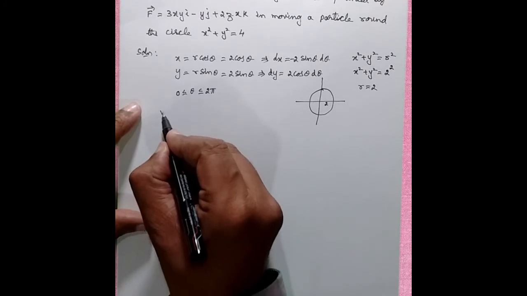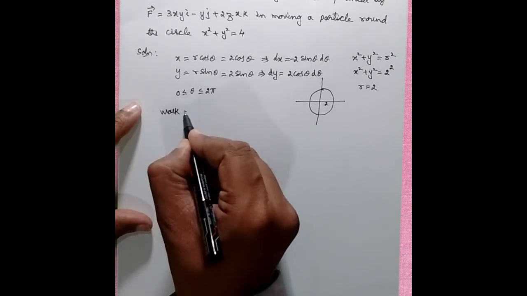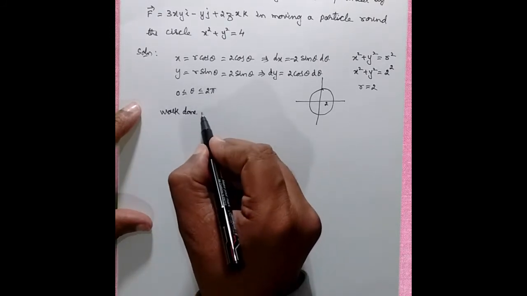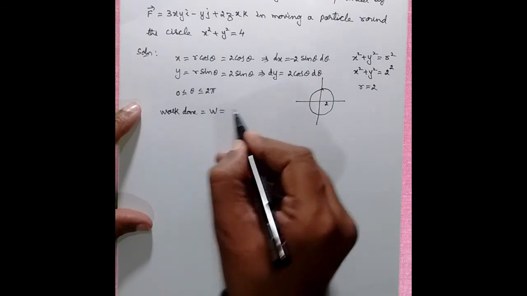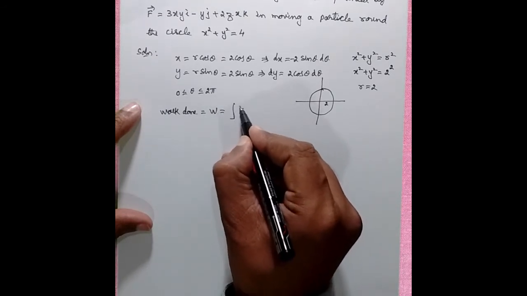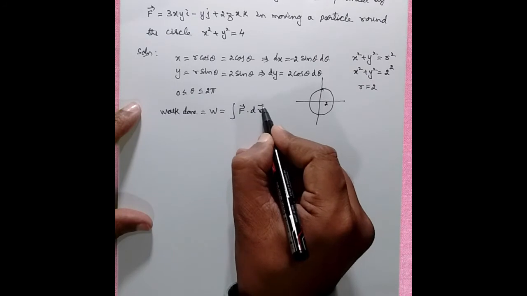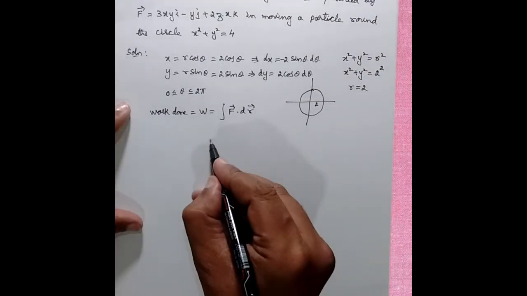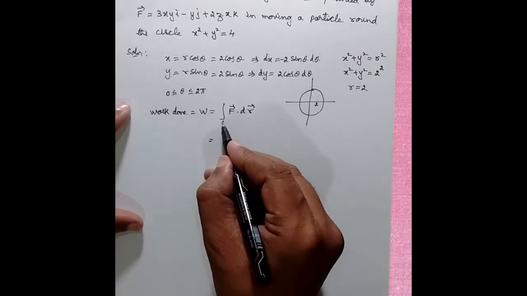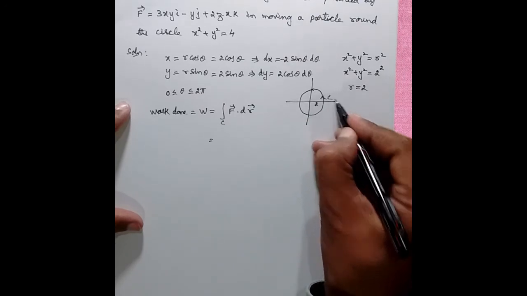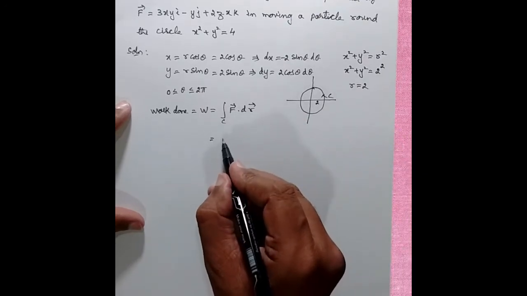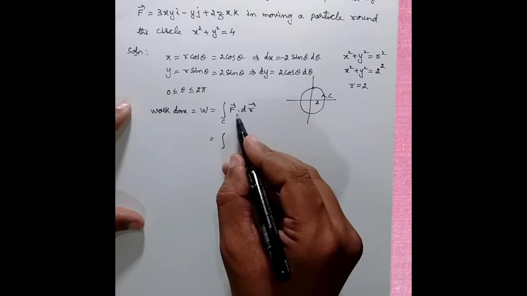So we know the work done. Work done W is equal to the integral of vector F dot dr vector, along the curve C. The curve over here is a circle. Along the curve C, what is vector F?